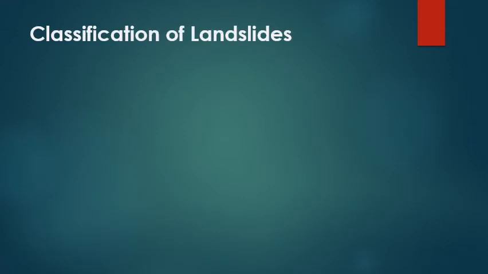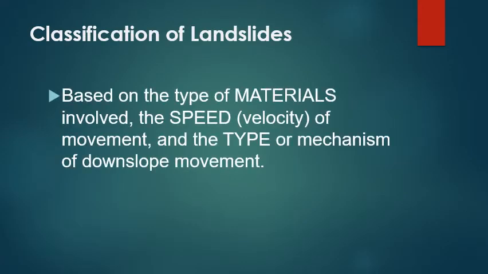Now we go to the classification of landslides. Landslides are classified based on the type of materials involved, the speed or velocity, and the type or mechanism of downslope movement.